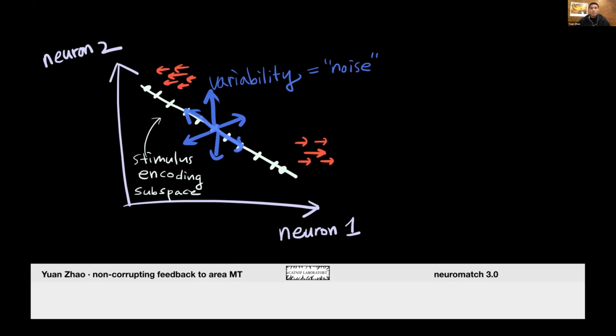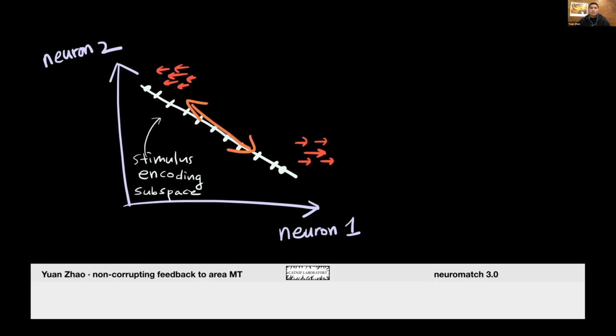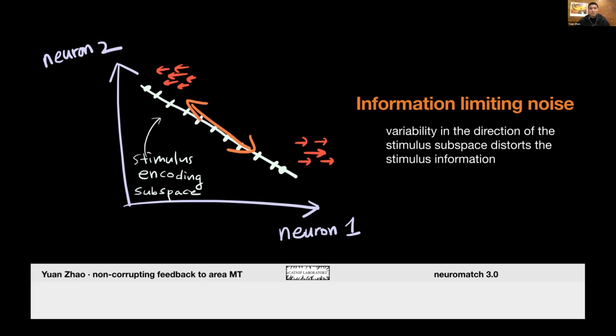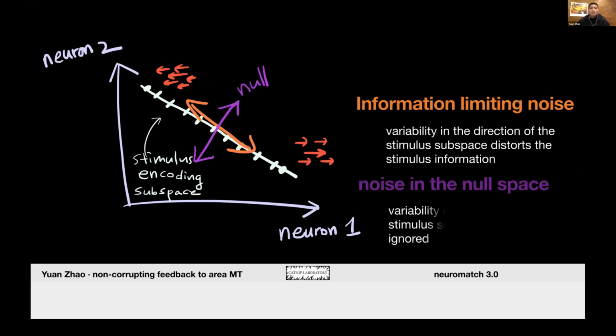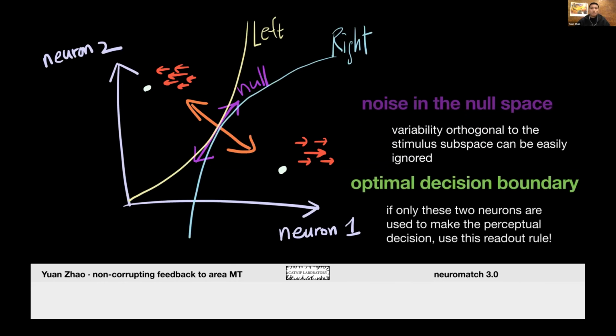Among the noises, some are in the same direction as the stimulus and distort the stimulus information. Sometimes it's called information-limiting noise. And some are orthogonal to the stimulus and harmless. If we only use these 2 neurons to make the choice, we can easily find the optimal decision boundary that is orthogonal to the stimulus subspace.